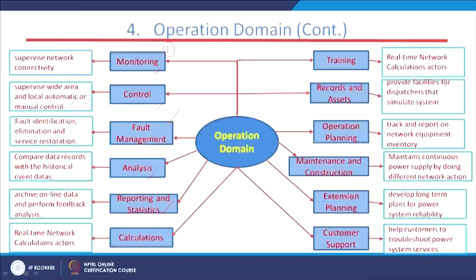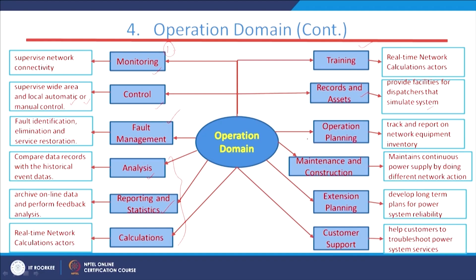Those analyses are a must in the smart grid system, and reporting, statistics, and calculations are part of this analysis. Coming to this part, we need training, real time network calculation, and also the records and assets. It provides the facility for dispatchers to simulate the system.